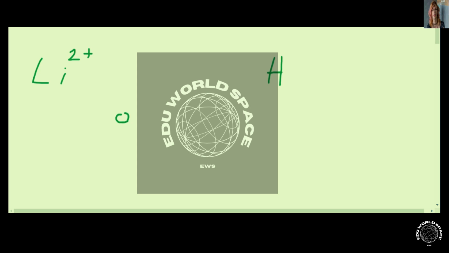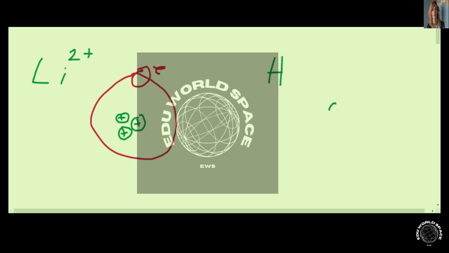If we look at our lithium atom, we have 3 protons in its nucleus and some amount of neutrons. I'm not going to draw those in because they do not affect our calculations. And we have a singular electron orbiting our lithium, whereas over here in hydrogen, we have a singular proton and a singular electron orbiting it.